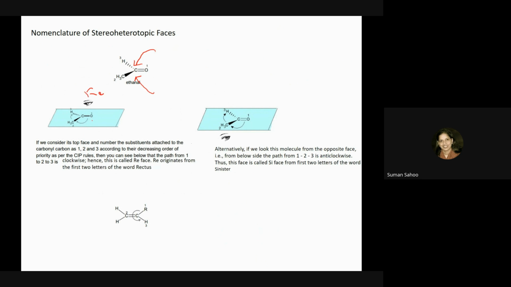While we observe from the up face, we trace from 1 to 2 to 3. If it goes in a clockwise direction, then that would be the Re face. And if we see it from below the face, and it traces the path in an anti-clockwise direction, then that is known as the Si face.